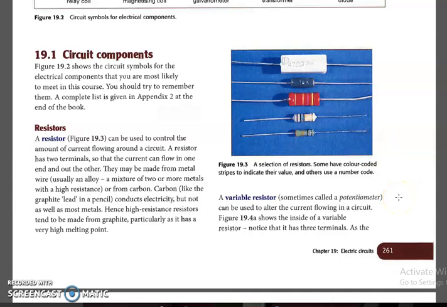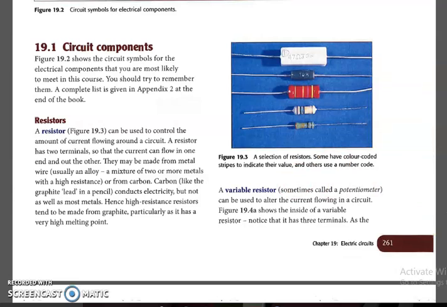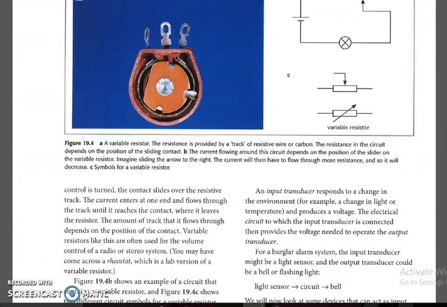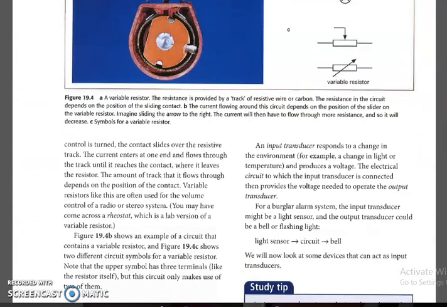A variable resistor, also known as a potentiometer, can be used to alter the current flowing through a circuit. In a variable resistor we are changing the resistance. We know that as resistance increases, current decreases. So by changing the resistance, the current flowing will increase or decrease. We can see this type of resistor in our home itself, that is the regulator in a fan.